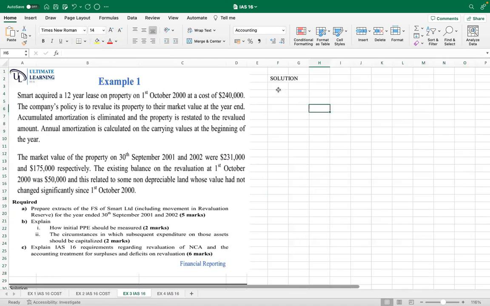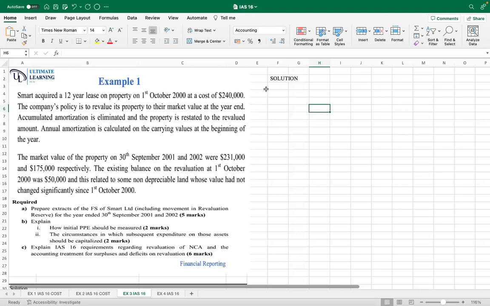Okay, so let's read once more so that we get into context. Smart Limited acquired a 12-year lease on property on 1st October 2000. So the lease was acquired on 1st October 2000.